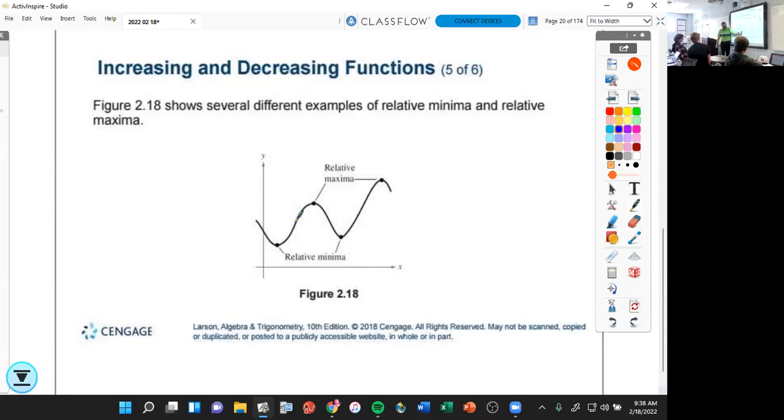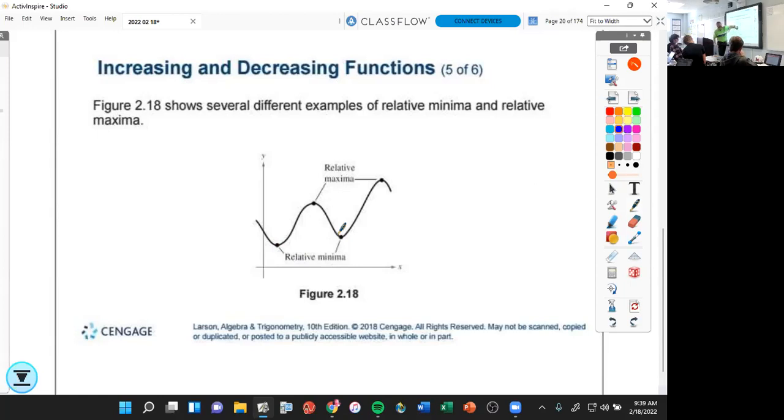As soon as it changes directions, all the points close to this point are higher than it is, right? So because all of these points are closer and all these points are higher, this is called a relative minima. It's actually saying minima because that is the plural of minimum. Okay. So this graph has two relative minima.